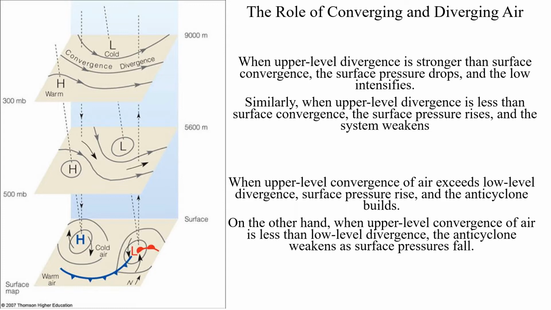The picture on the left side is an idealized model for the vertical structure of a mid-latitude cyclone and anticyclone in the northern hemisphere.